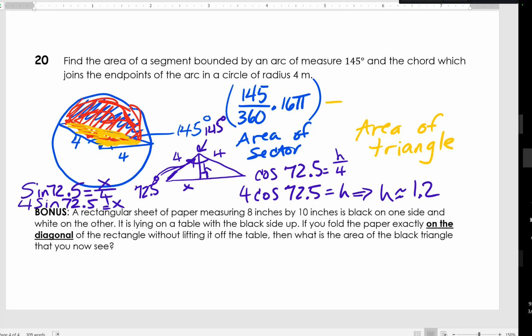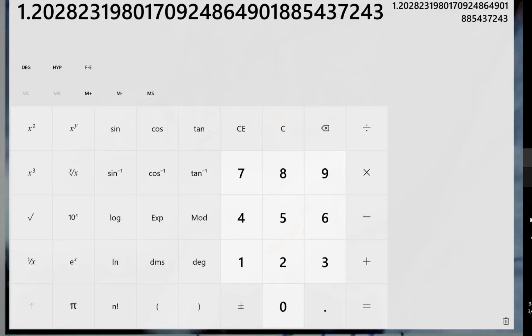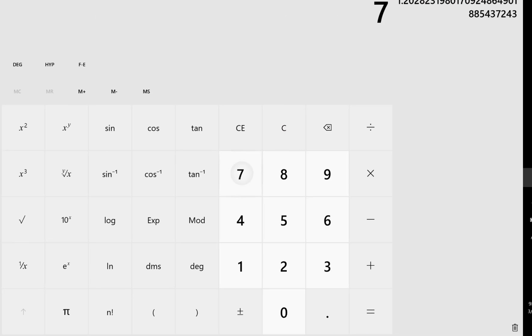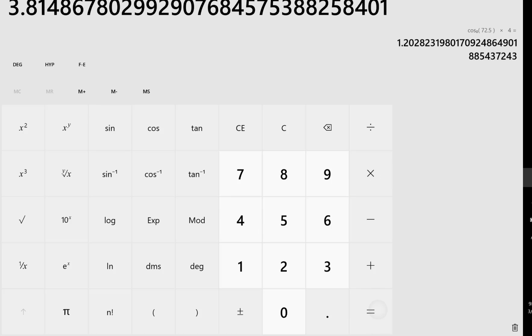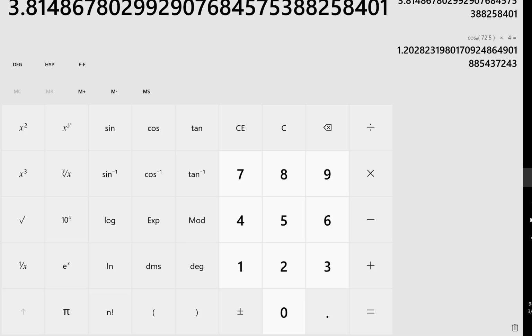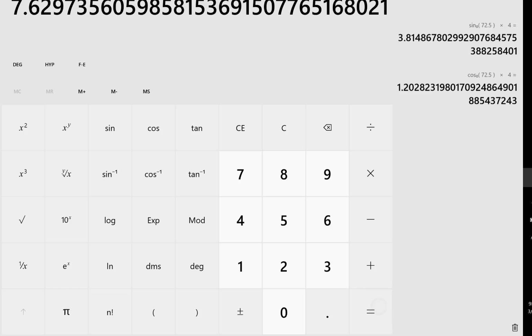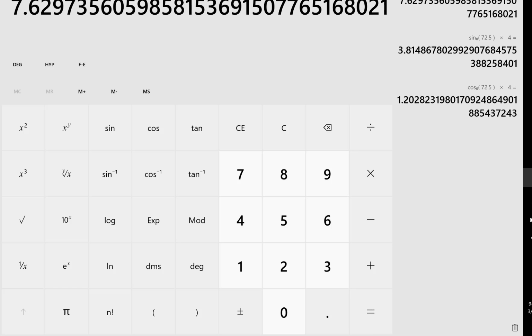That's half the base of that triangle. So we'll punch that into the calculator. So 72.5, you take the sine of that, multiply it by 4, and that's half the base of the triangle. So I'm going to go ahead and double it to get the whole base. So that's about 7.63.